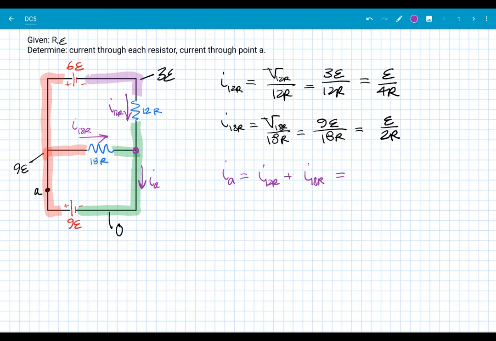That's just looking at the junction rule. You can think of it as the sum of currents in equals the sum of currents out. So conservation of current there. When we sum those, we'll have 3E over 4R.